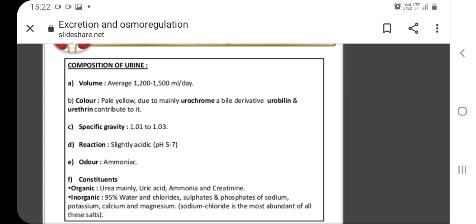Slightly acidic it is. Odor is ammoniac. It constitutes mainly urea, uric acid, ammonia, and creatinine. Inorganic components include water, chloride, sulfates, phosphate of sodium, potassium, calcium, and magnesium.